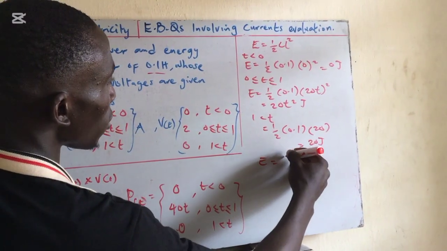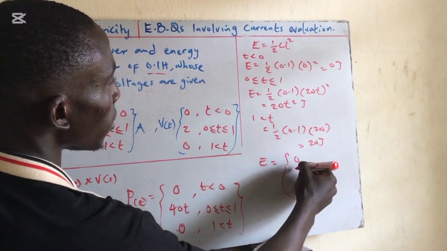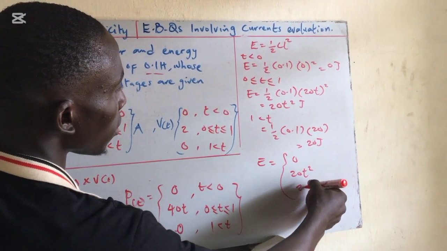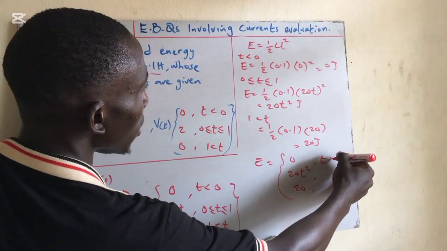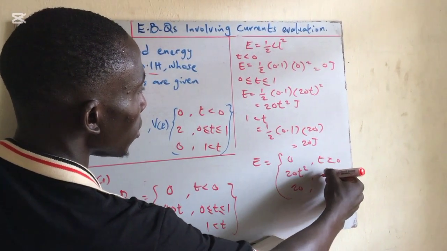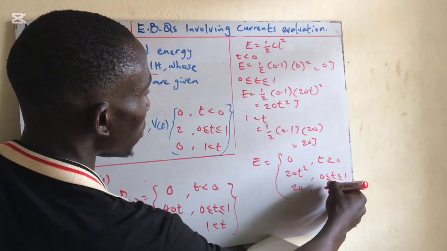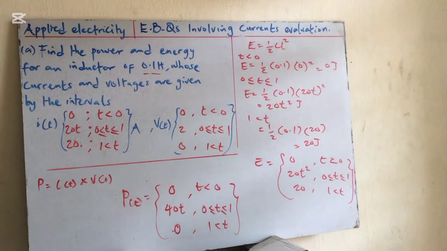So E is equals to, you open your bracket, 0, 20t squared, then 20, and you write the ranges there: t less than 0, and 0 to 1 here, and t greater than 1 here. So that is the range.